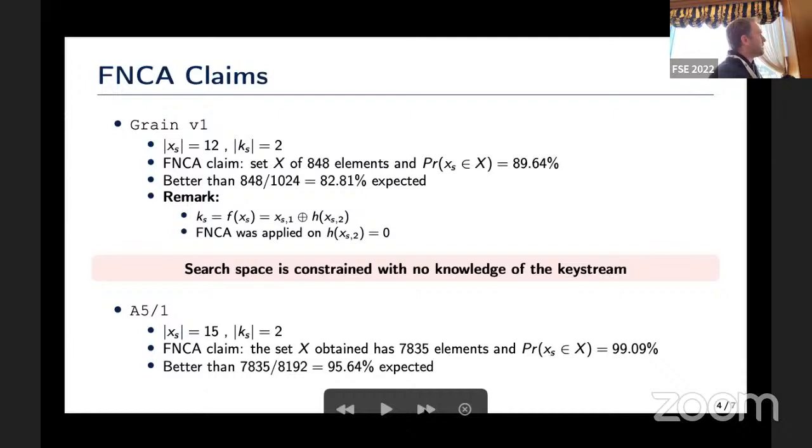And you have the same results for A5/1. What is wrong? Why is all of that impossible?